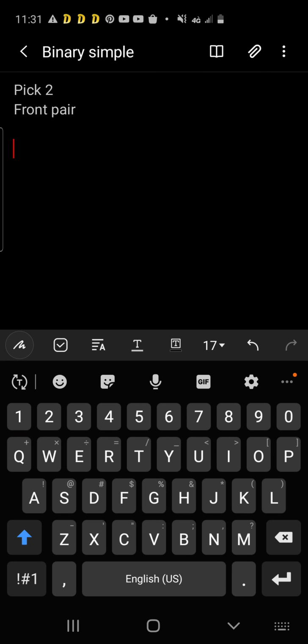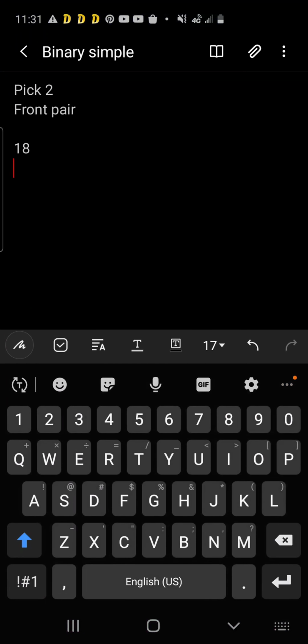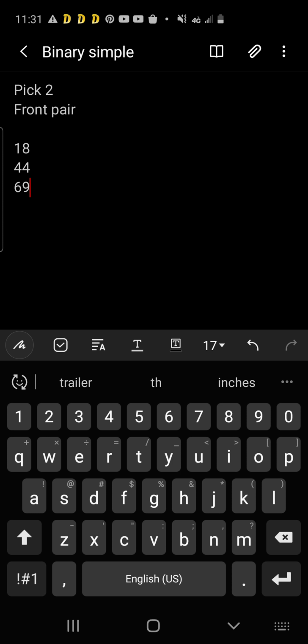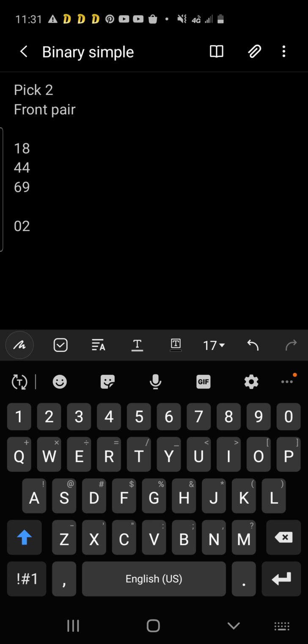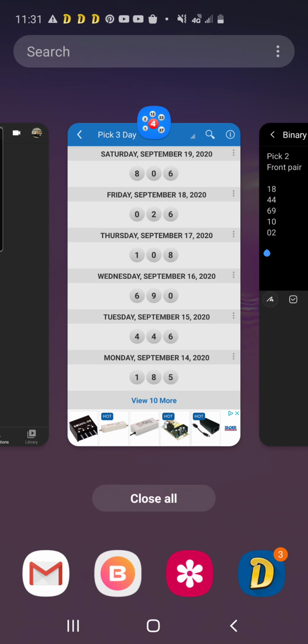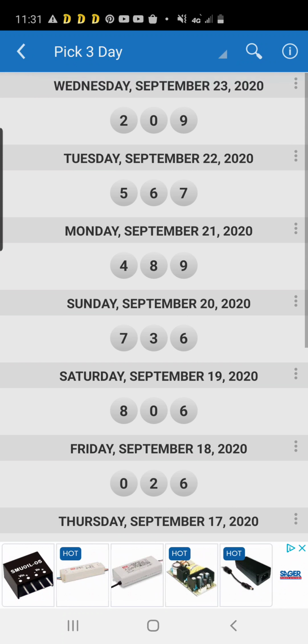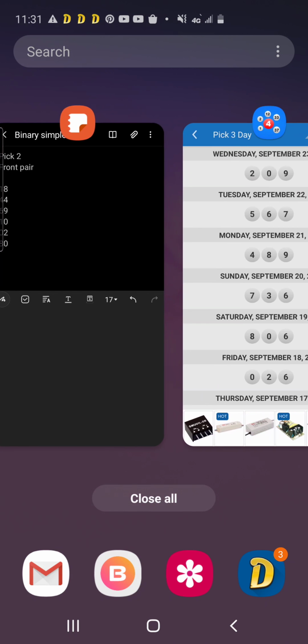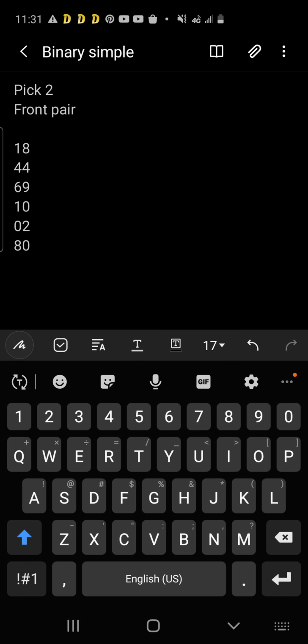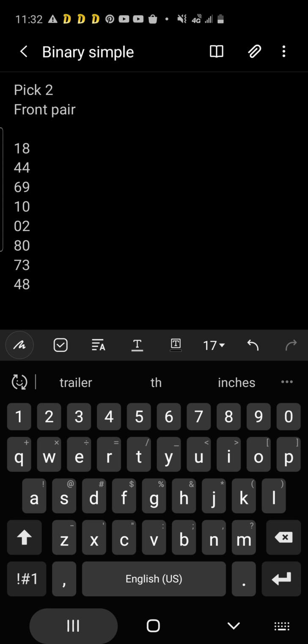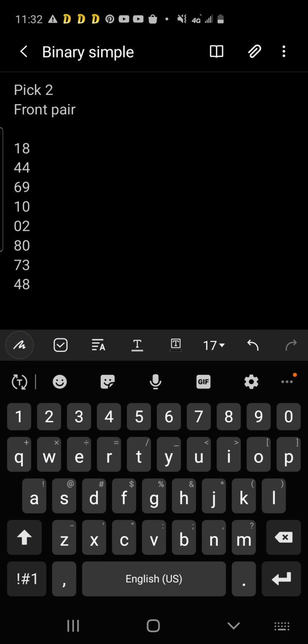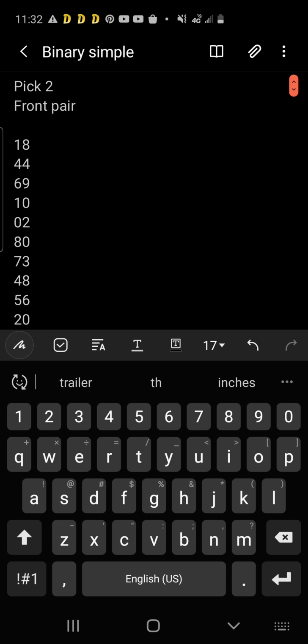It's 1, 8. 4, 4, 6, 9. 1, 0, 0, 2. 8, 0. 7, 3, 4, 8. 5, 6, and 2, 0.